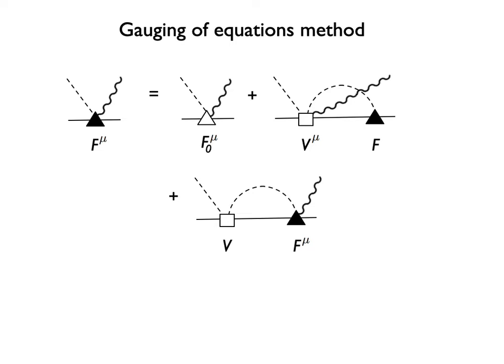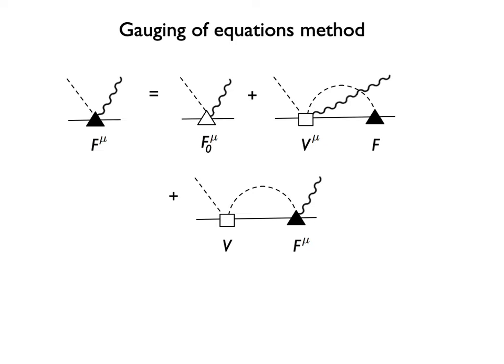Here I've used a superscript mu to indicate things that have been gauged. F mu is the infinite sum of gamma n to pi n diagrams that you get by gauging F. We don't actually know what that is yet, but to find out, we just need to solve this equation. Doing that effectively carries out the infinite attachment and summation automatically.